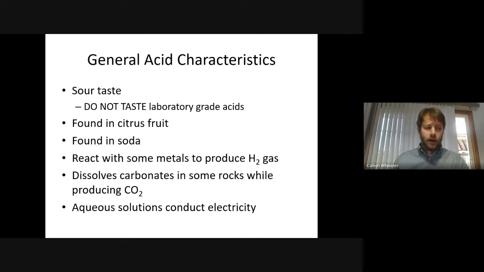And so while we don't seek out to taste laboratory grade acids because acids can be extremely toxic and corrosive, we do know that some substances that are found naturally in some of the foods we eat have the property of being sour. So that's how we know acids are sour.